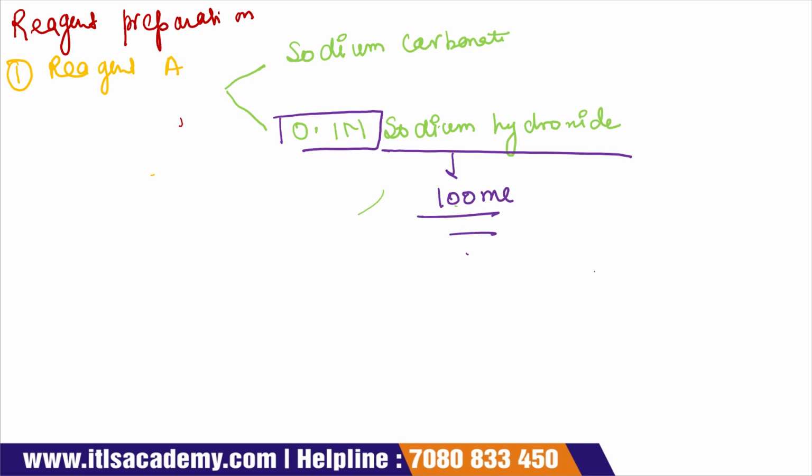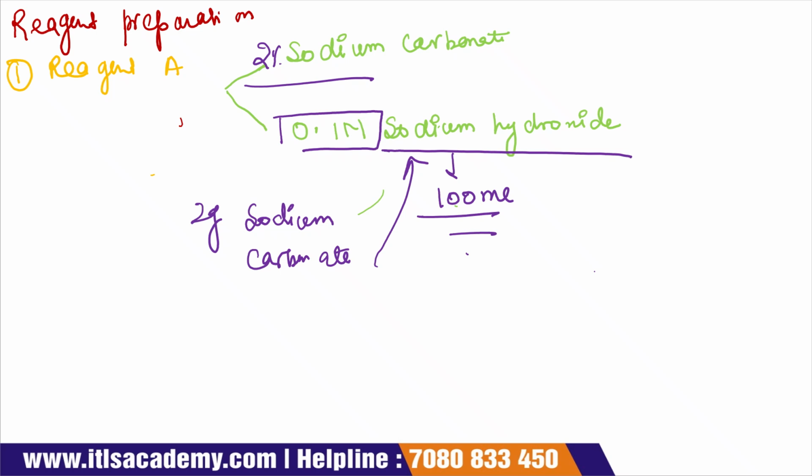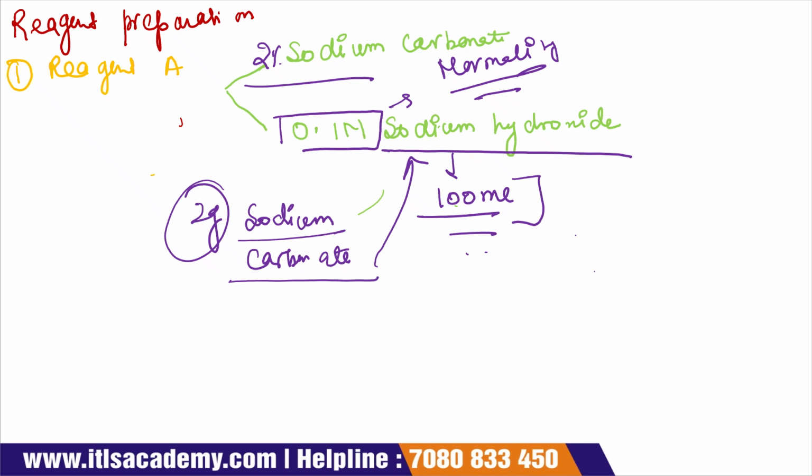This N is your normality. Then we add 2 gram of sodium carbonate into it, because you have to prepare a 2%. This is how we prepare the reagent A.